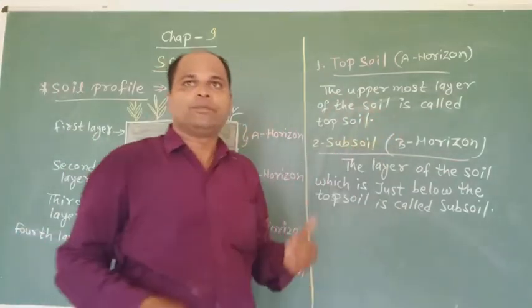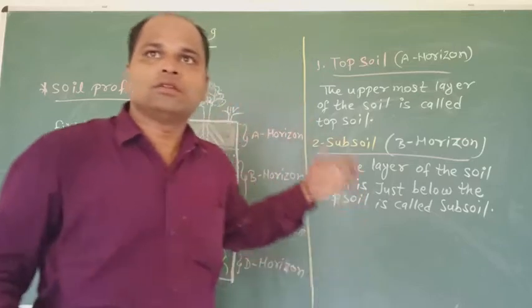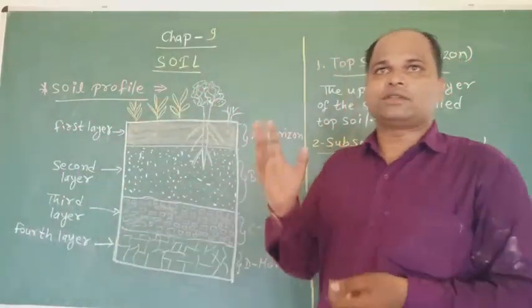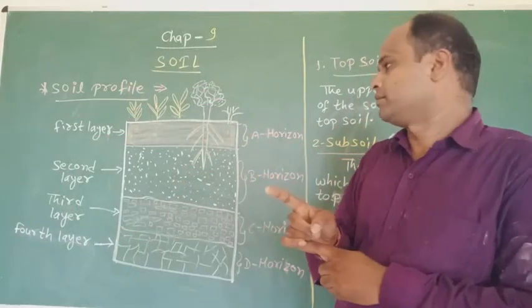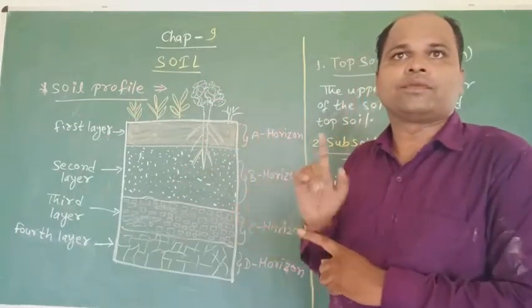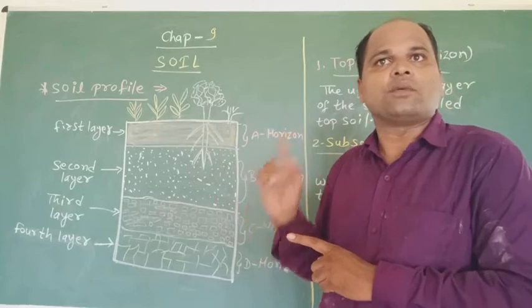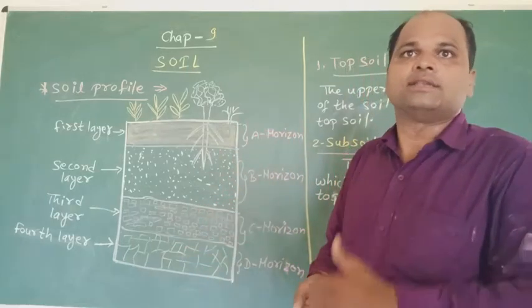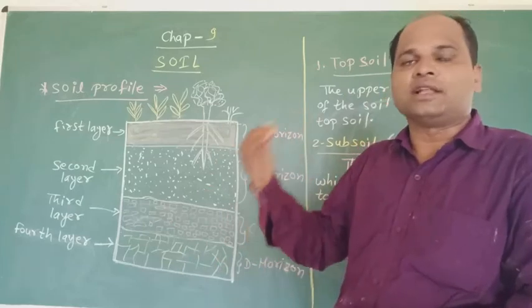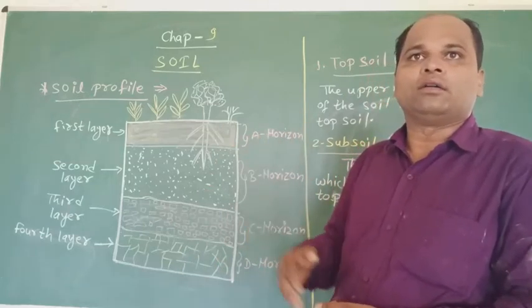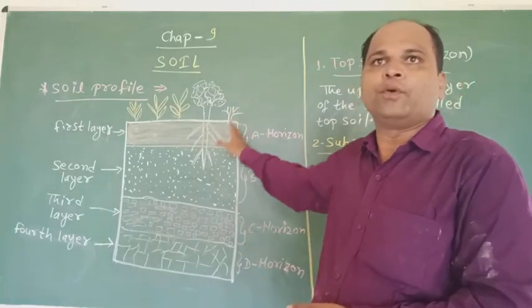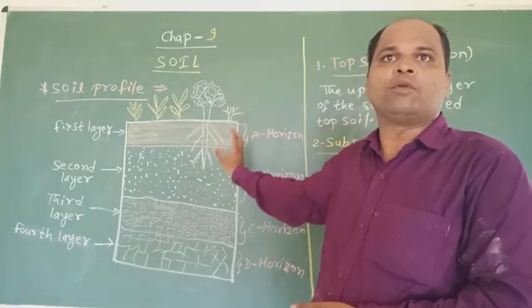The topsoil shows the following features. First, topsoil is darkest in color. Second, the humus in the topsoil makes the soil fertile, so plants get essential nutrients from this layer. The layer is generally soft, porous, and can retain more water.